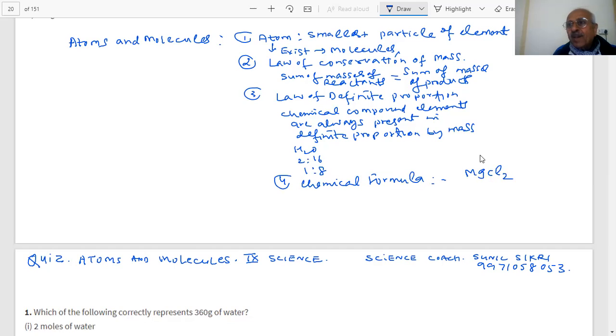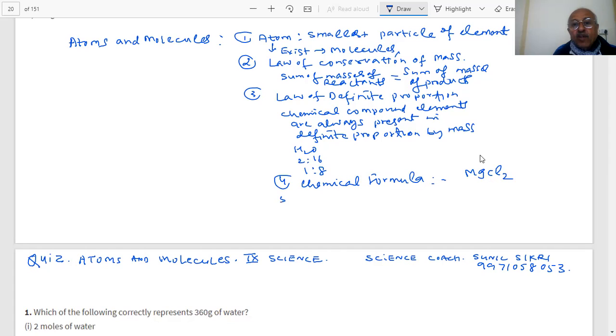The constituents present are magnesium and Cl. These two elements are present, and it also tells you how many atoms of each are present. The constituent elements and how many of each are present is represented by the chemical formula.